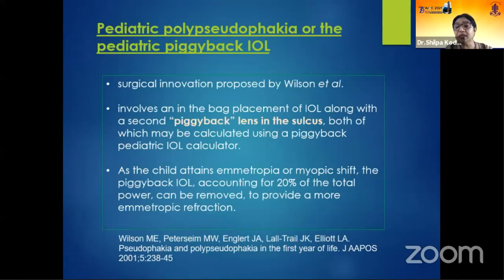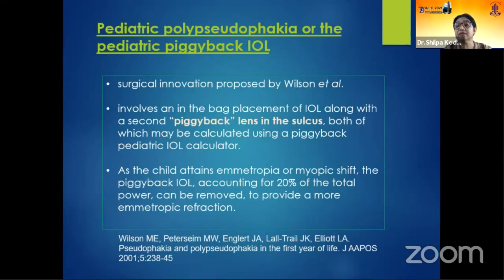Now, there have been many other ways and methods that have been tried. One of them was pediatric polypseudophakia or the pediatric piggyback IOLs, which was a surgical innovation done by Wilson et al. and involves the in-the-bag placement of the IOL along with a second piggyback IOL.